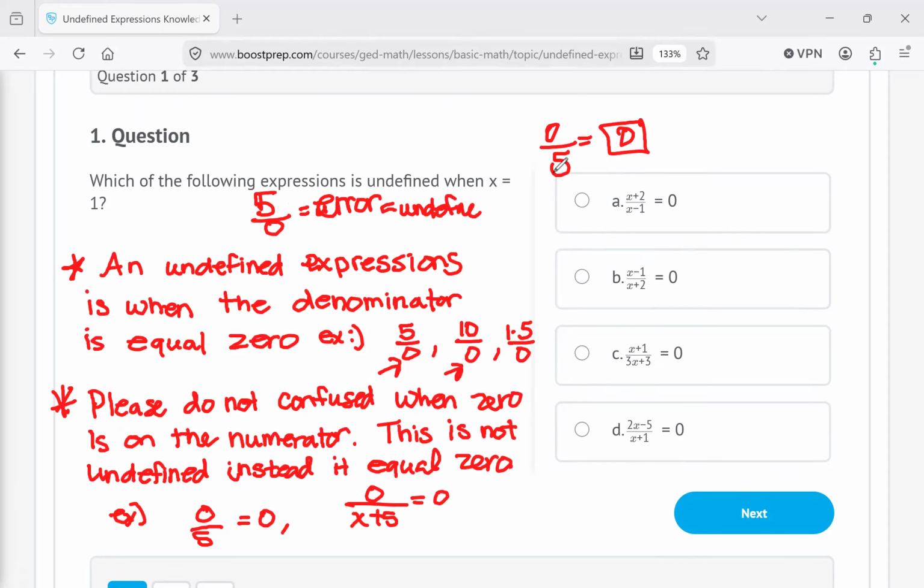It's very easy to get those two confused. Just know if the 0 is on the bottom, it is undefined. If the 0 is on the top, it is not undefined. It's actually 0, which is technically a real number. So go ahead and write this down so it's clear, and do question one.